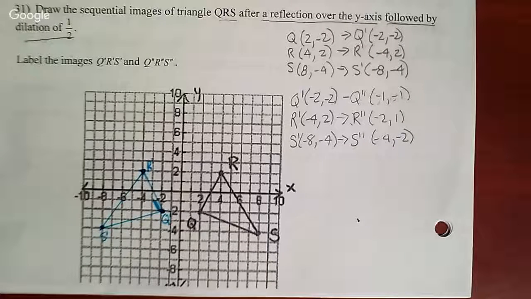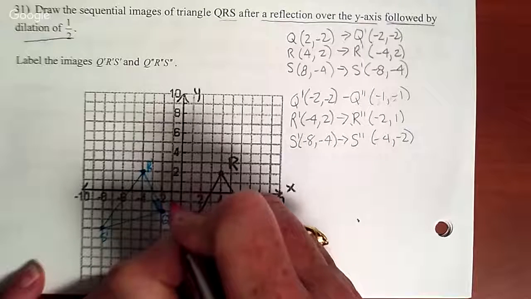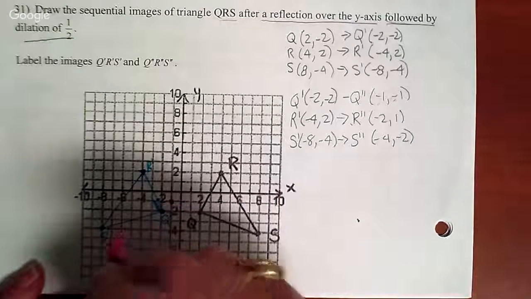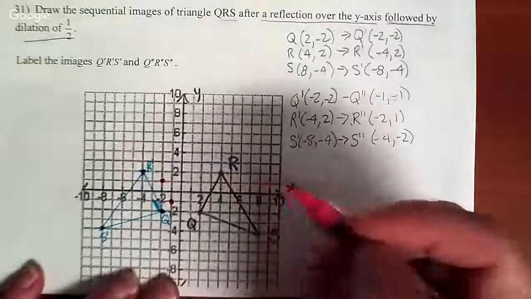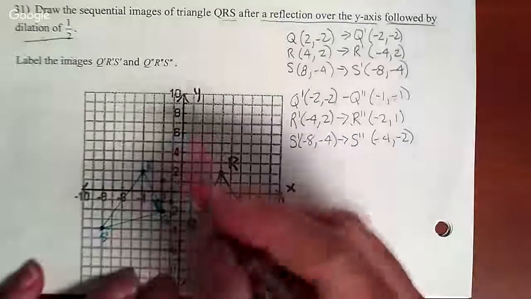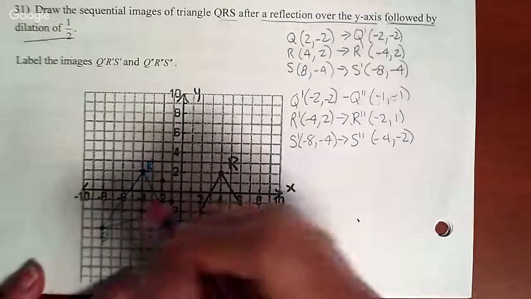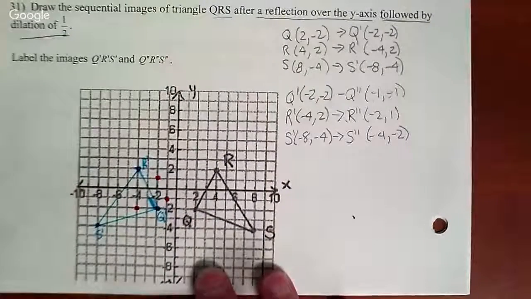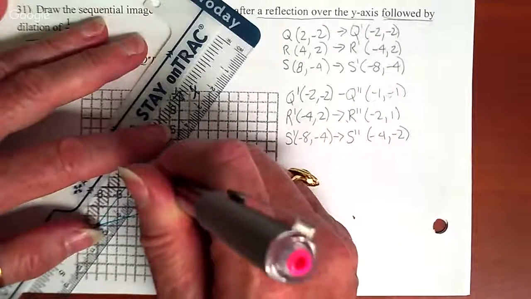So we have -1, -1. We have -2 and 1. And we have -4, -2. You would have here.